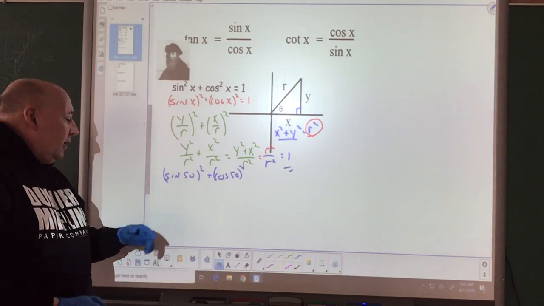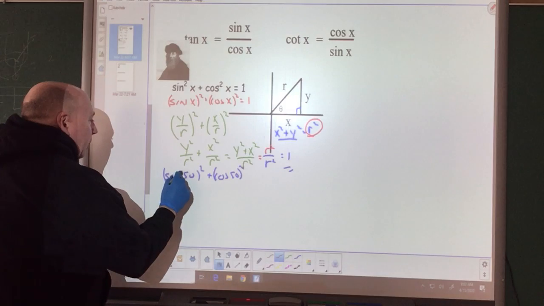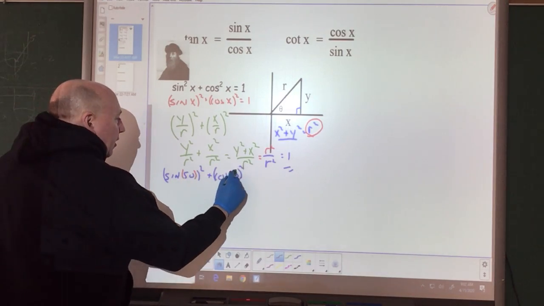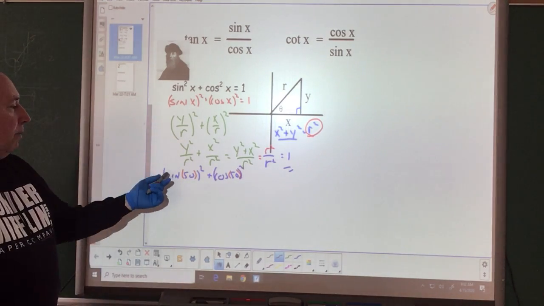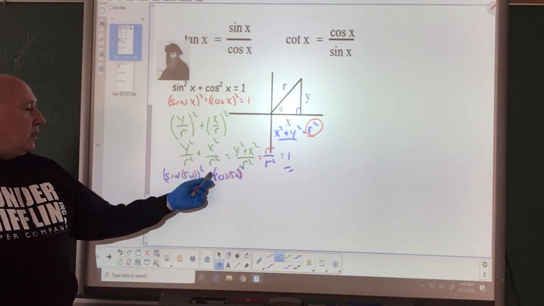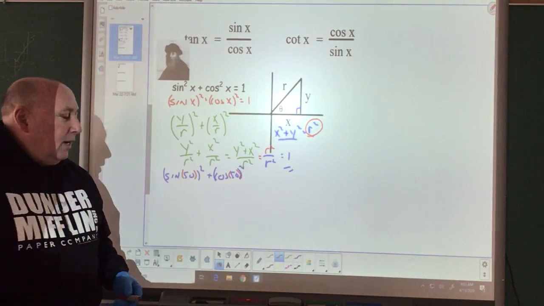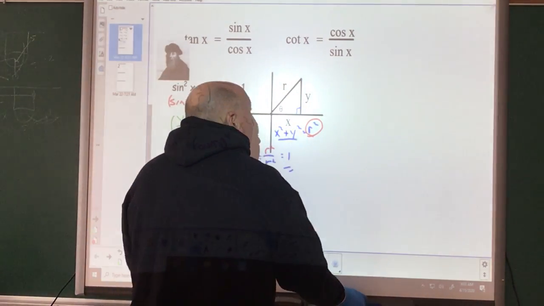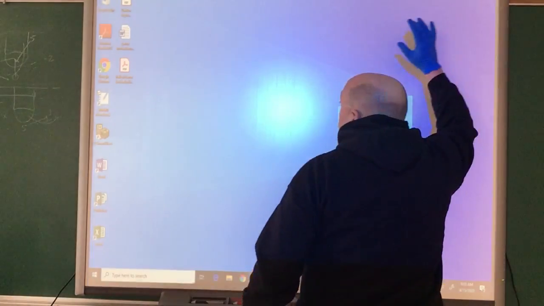You'd have to type it in this way. I think your calculator will put parentheses here and there, so you need to make sure you do your parentheses. If you take the sine squared plus the cosine squared of 50 degrees, you get a value of 1. Let's see if that's true.